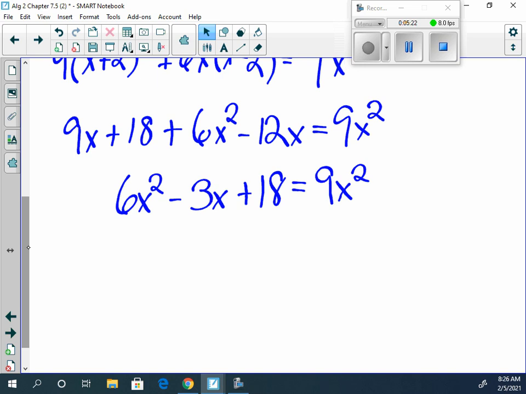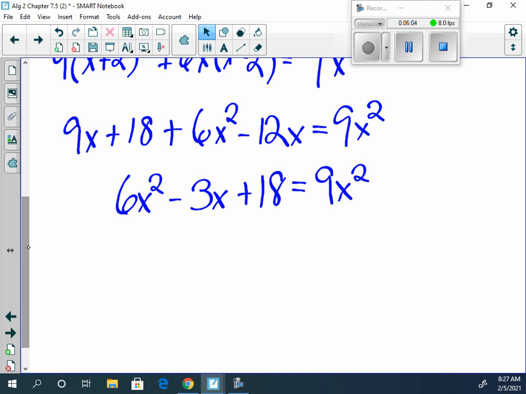It would be negative 1. Because if I multiply a negative by a negative, it takes it from being negative to being positive.